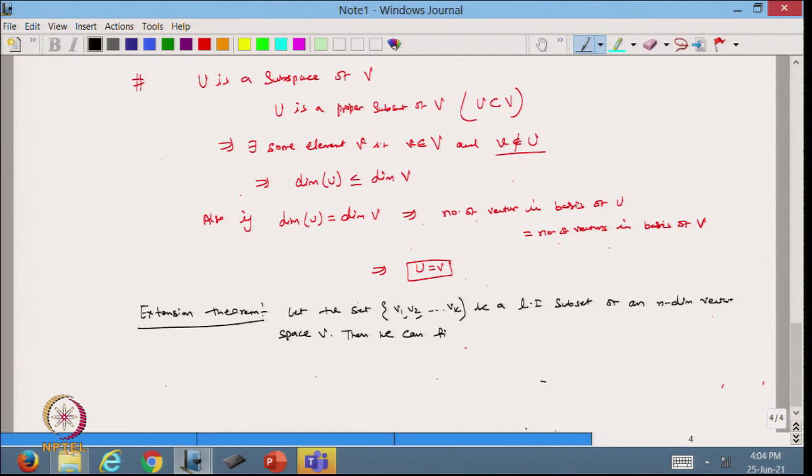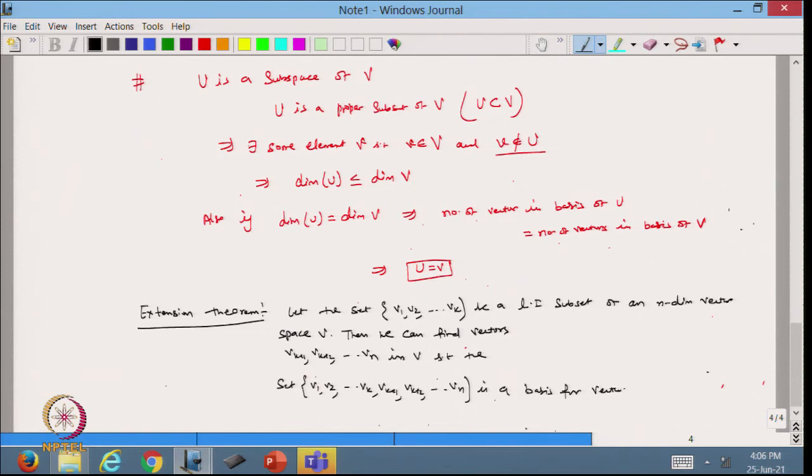we can find vectors, that is Vk plus 1, Vk plus 2, up to Vn in V, such that the set V1, V2 up to Vk, Vk plus 1, Vk plus 2 up to Vn is a basis for vector space V. It means if I have an n-dimensional vector space, and in that vector space I get a set of k vectors, where k is less than n, then we can extend these vectors, because these are linearly independent.